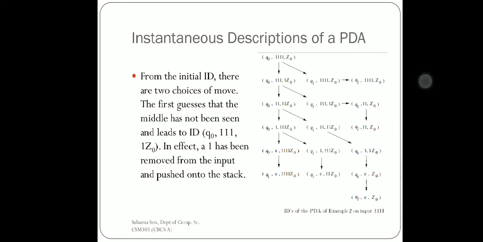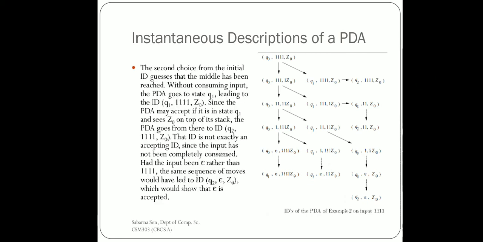Fine. Now the second choice from the initial ID guesses that the middle has been reached. This can be another choice. So if we think that we have reached the middle, we will not push anything to the stack, we will just transit to the next state, because if we guess that we have reached the middle, our popping operation should be started, so we have to make one transition, right?